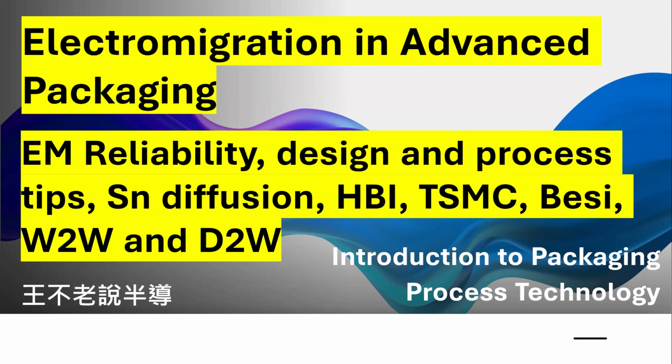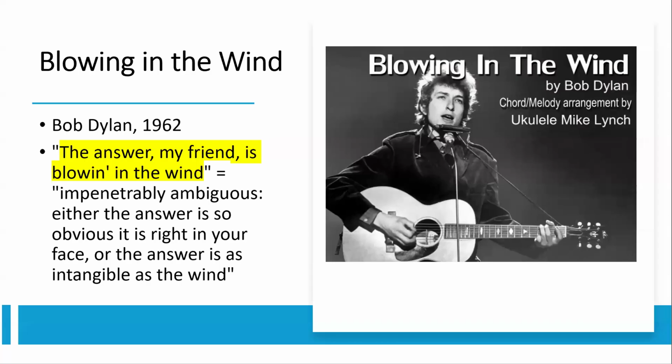Let's begin. Before we begin, of course, I'd like to have some interesting icebreaker. Wish you enjoyed it. Today's icebreaker is Blowin' in the Wind, Bob Dylan's song. I think you remember that. The answer, my friend, is blowing in the wind, is the famous phrase for that. This phrase is very ambiguous.